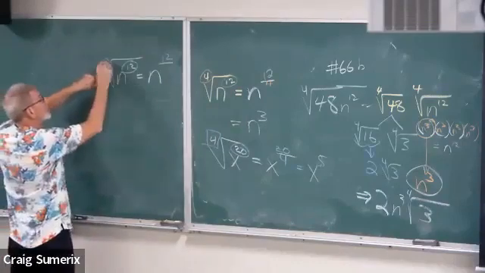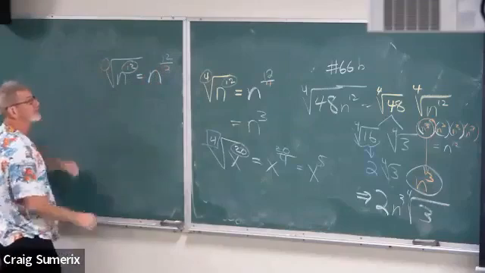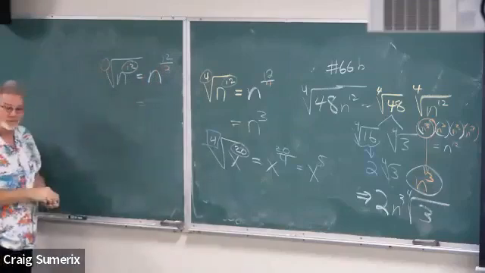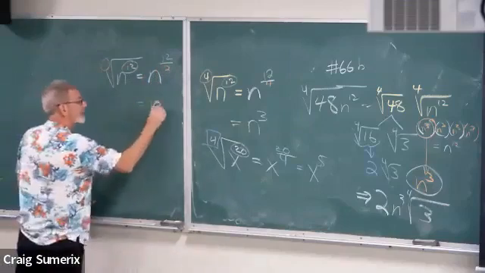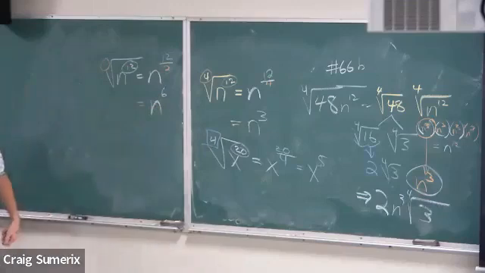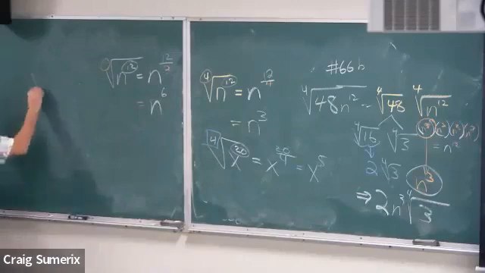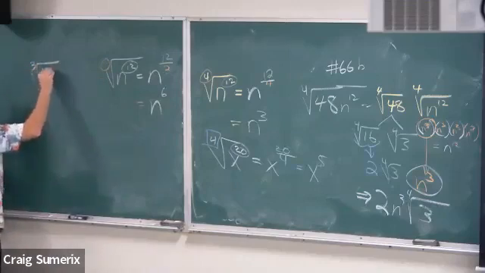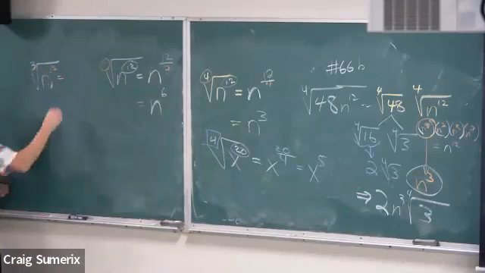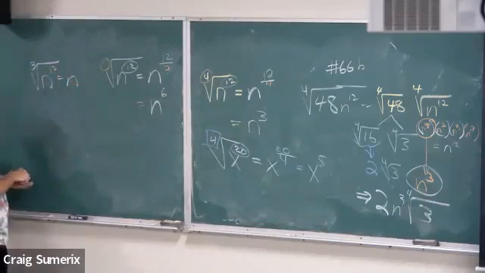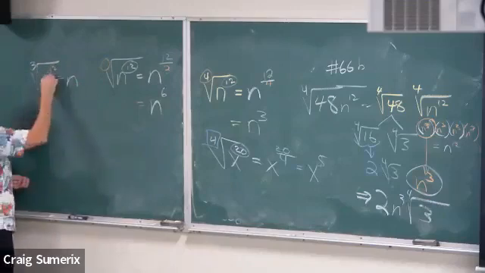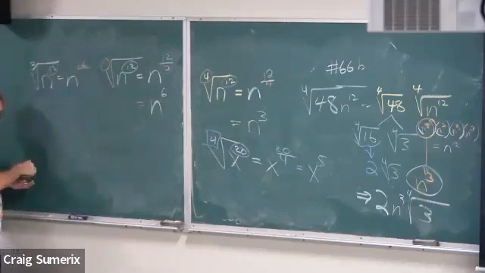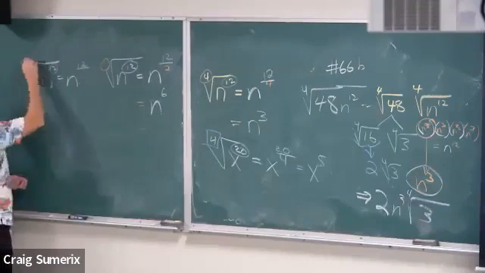And this would be, what's 12 over 2? The same as if we took half of it. And if it was the third root of n to the 12th, it would be 12 over 3.